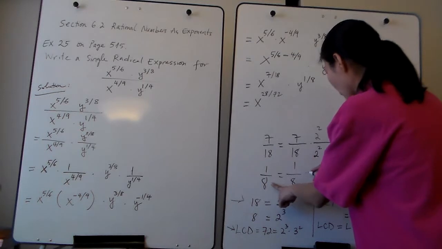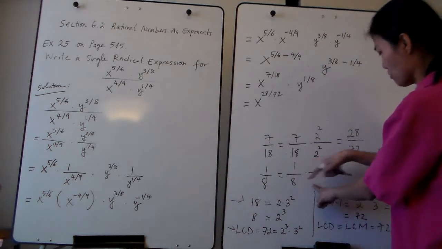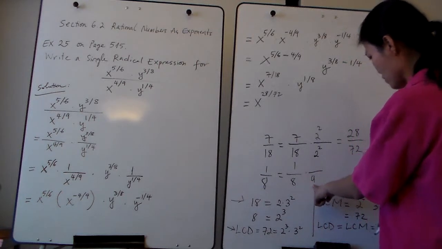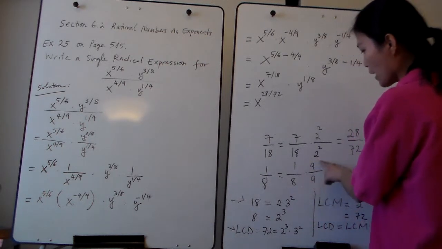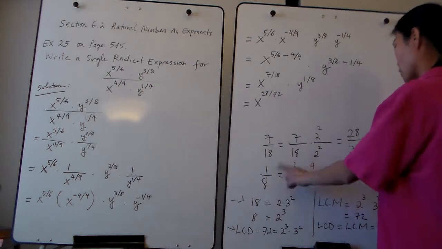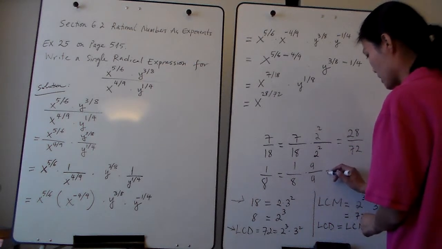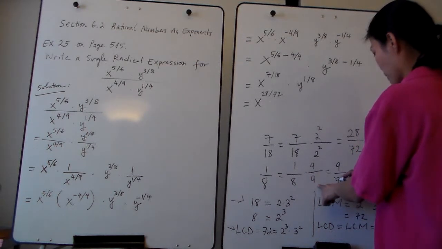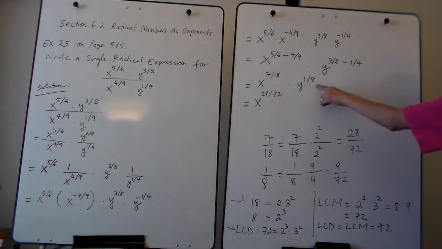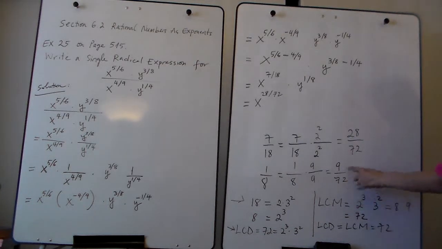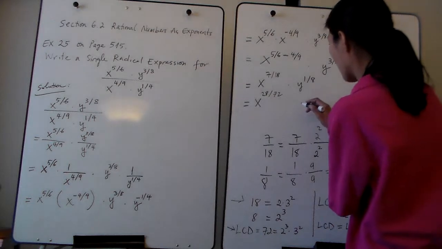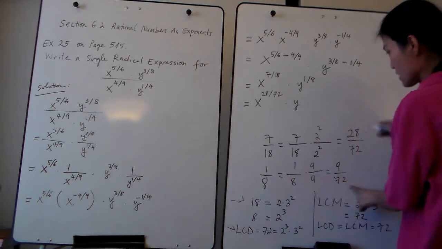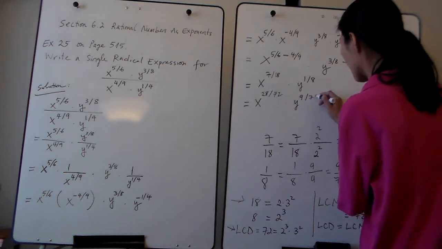So you have to think about 8 times what is equal to 72, the LCD. You've got to multiply by 9, because 8 times 9 is 72. You have to multiply 9 on top so that we won't change the original fraction. Simplify, we get 1 times 9 is 9, 8 times 9 is 72. So I'll replace this exponent 1 over 8 with 9 over 72, so y is raised to 9 over 72.